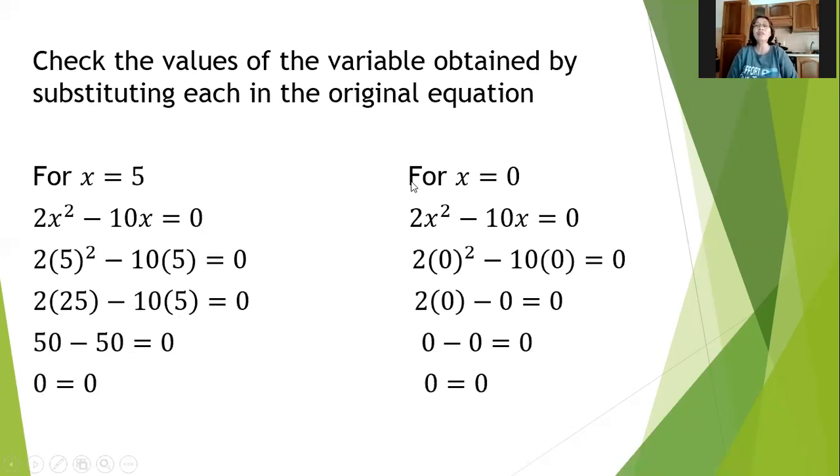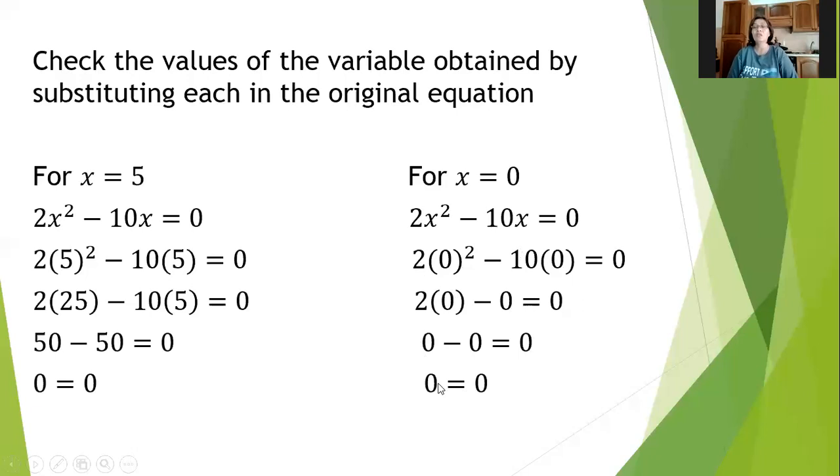For the other one, x sub 2 is equal to 0. Let us check. We have 2x squared minus 10x is equal to 0. 2 times 0 squared. 0 squared is 0. Minus 10 times 0. 2 times 0 is equal to 0. 10 times 0 is equal to 0. 0 minus 0 is equal to 0.